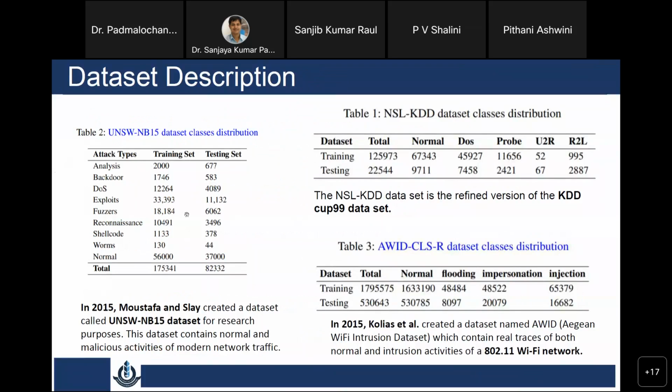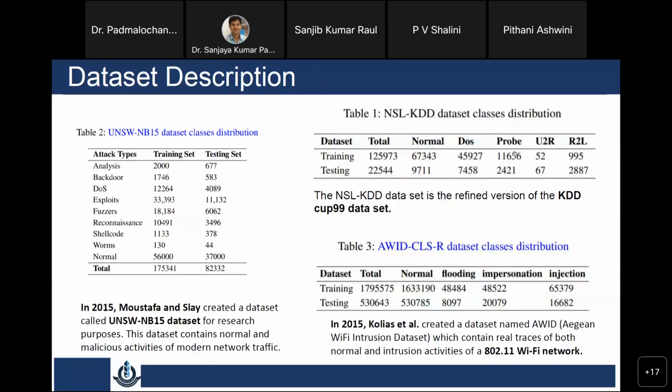One is the UNSW NB15 dataset. You see here a lot of attack packets and normal packets as well. Some of them can be used for training purposes, some for testing purposes. It is a mix of attack and normal packets.